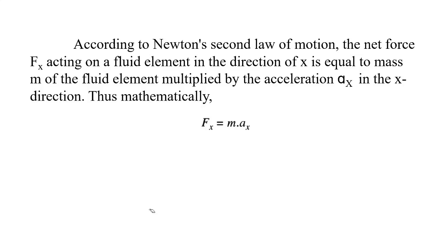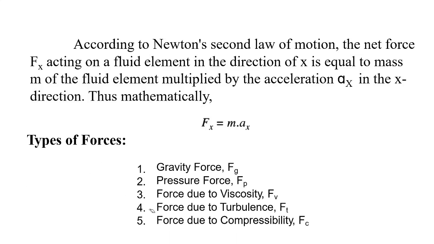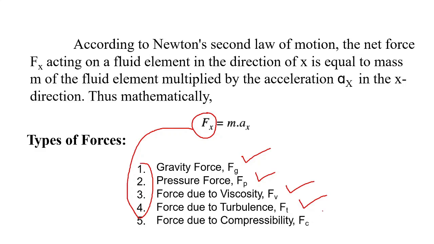Now, in the fluid flow the following forces are present. There are 5 types of forces. Fx is the net force, meaning the total. It comprises these 5 forces: gravity force, pressure force, force due to viscosity, force due to turbulence, and force due to compressibility.